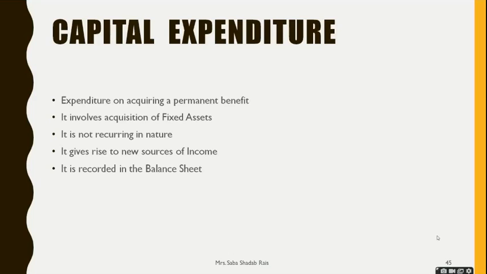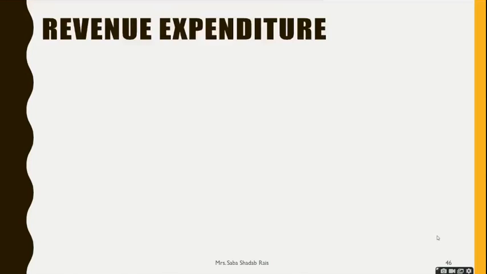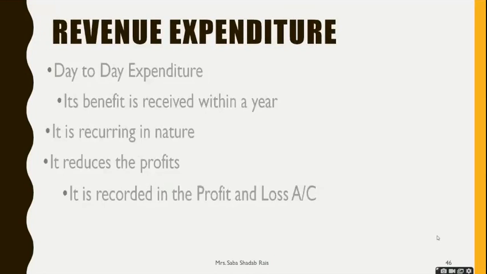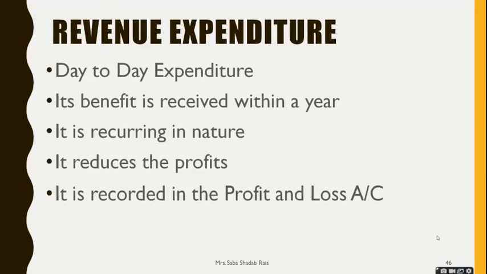The point to be remembered about capital expenditure is that it is recorded in the balance sheet. Then the next type of expenditure is revenue expenditure. It is the day-to-day expenditure, like wages, whose benefit is received within the year. So definitely it is recurring in nature. It reduces the profit.